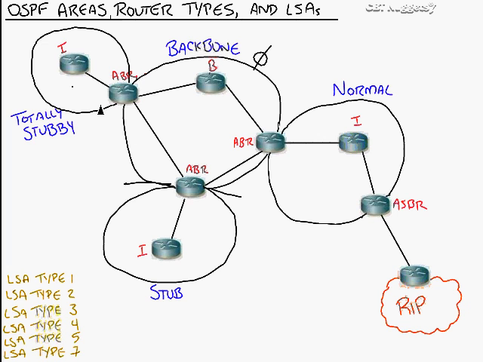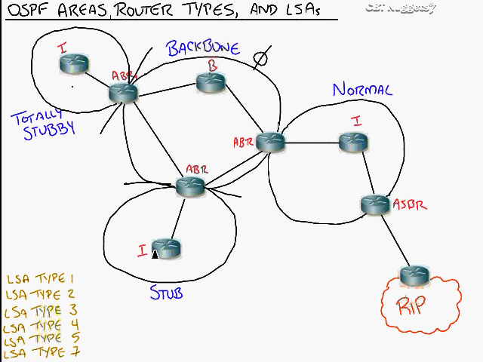A totally stubby area up here blocks external route advertisements and route advertisements from other areas. So it will only know about routes in its own area. It will not know about routes from other areas or external routes. So how does a router inside of a totally stubby or even a stub area know how to get to this external network?